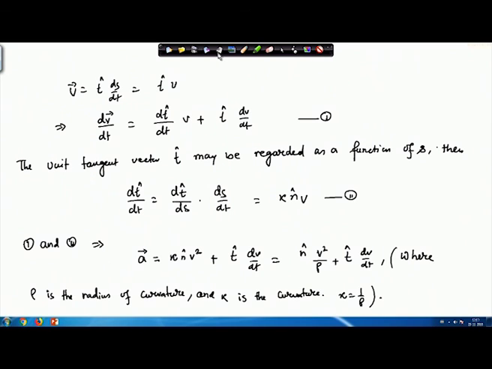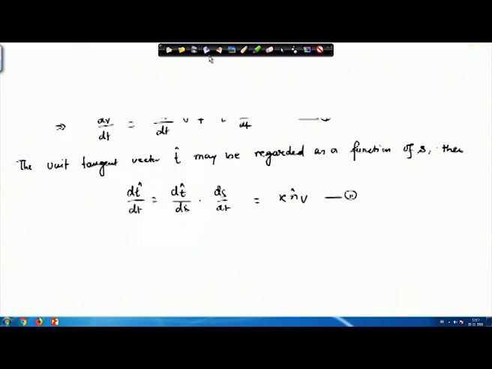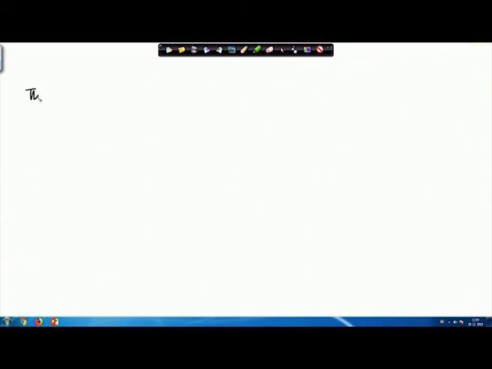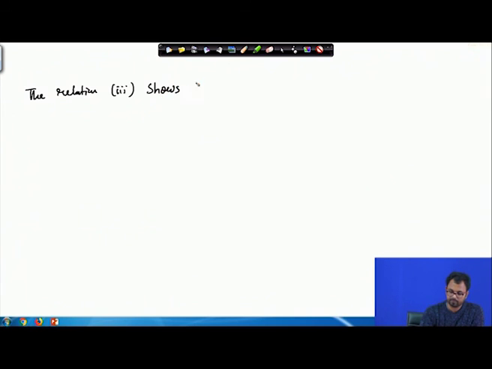So, what does that mean? That means that this vector a, or the acceleration vector, lies in the osculating plane, and that is by taking the dot product with b equals 0. This relation I can name as relation number 3. So, relation 3 shows that vector A lies in the osculating plane, because it is given as the combination of n and t.